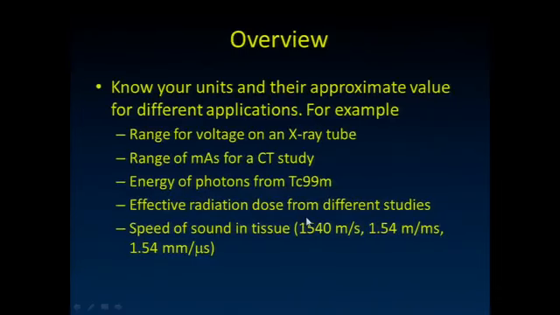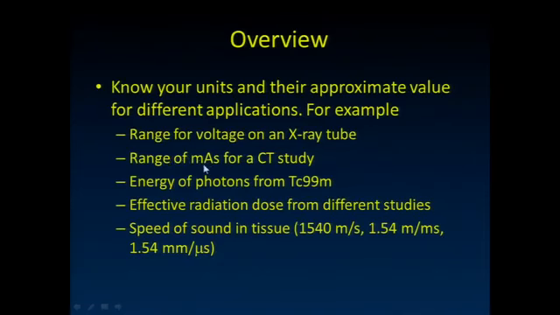So just in general, in terms of this first little introductory part, I want you to know your units and their appropriate values for different applications. For example, the range of voltages on an X-ray tube, right down in the 30 kV range for mammography, up to the 120, 140 kV range for CT, maybe 80, 100 for some X-ray imaging.